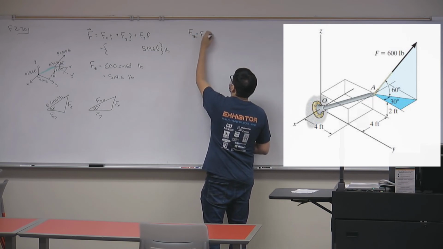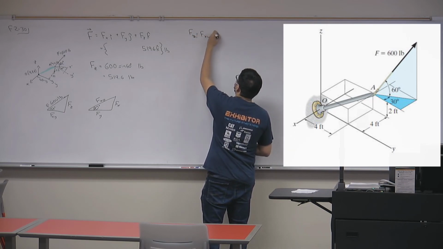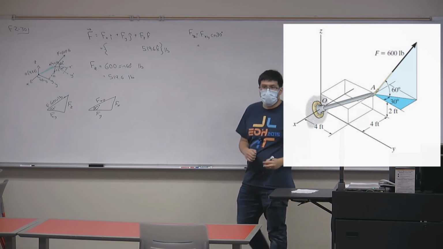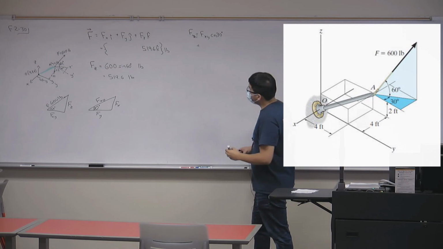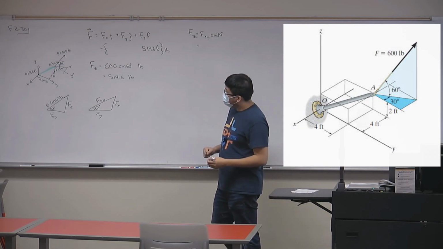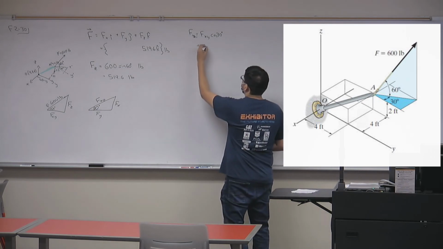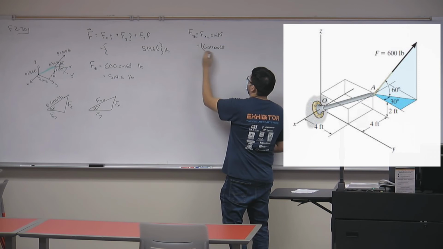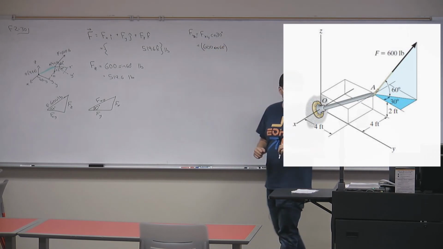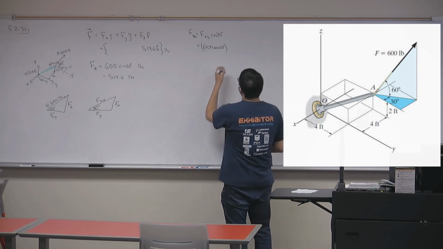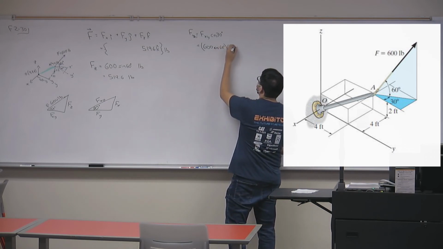And what's FXY? How do we find FXY? Take the 600 cosine 60. How much is that? That should be 300, right? How much is 600 cosine 60? 300. Okay, I got it right.